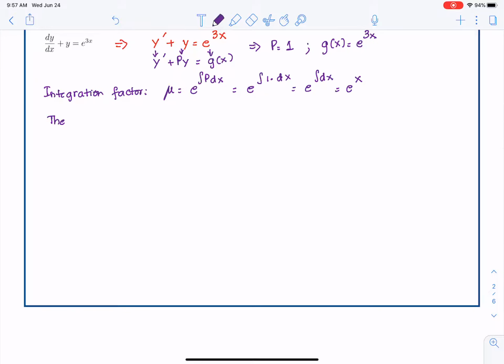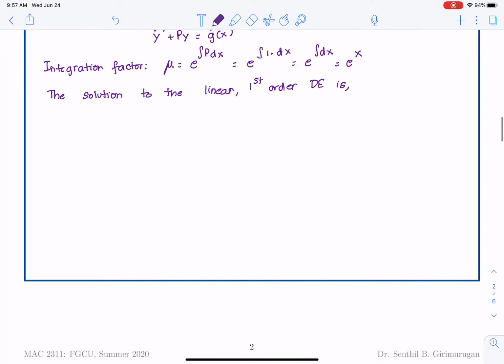The solution to the linear first order DE is y equals 1 over mu times the integral of mu times g of x dx plus c. That c has to be inside the square bracket.